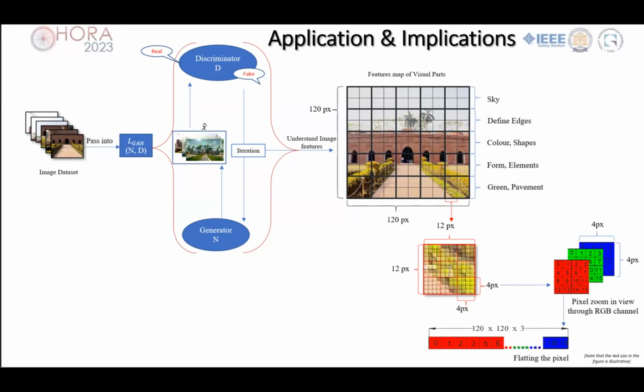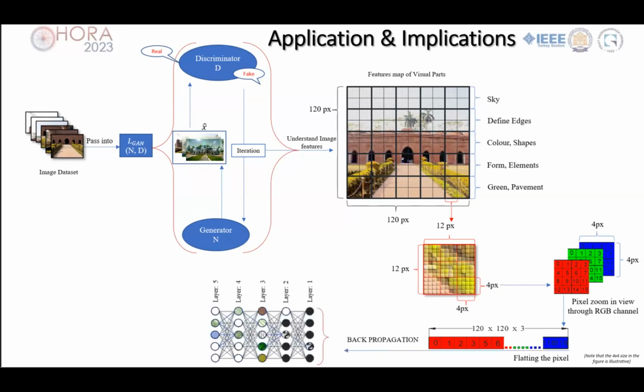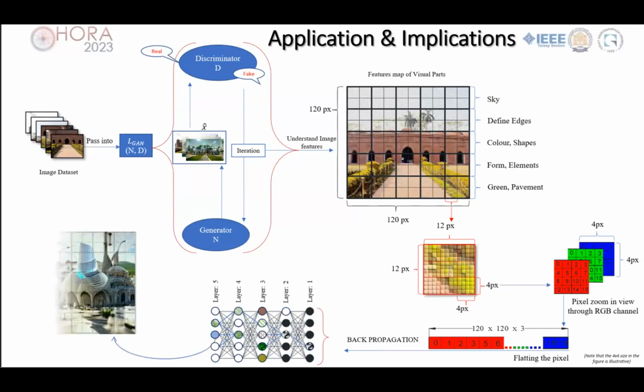Then it flattens the pixels and goes through backpropagation layer by layer. That's where perceptron neurons collect those layers for the result that we desire. And finally, we get the output that we were asking from the computer.